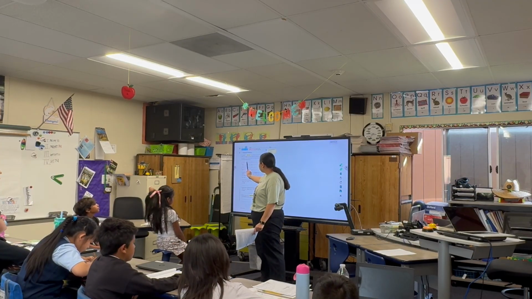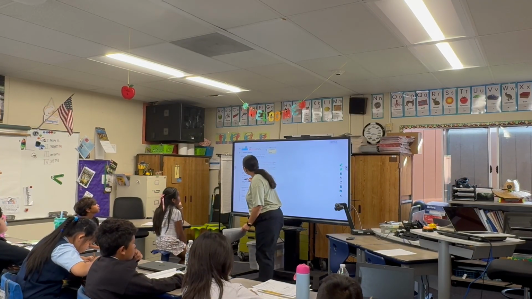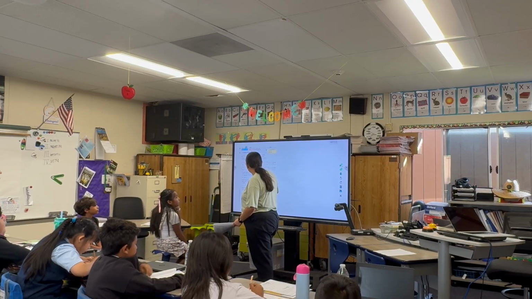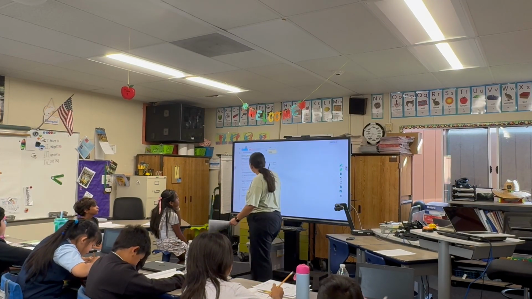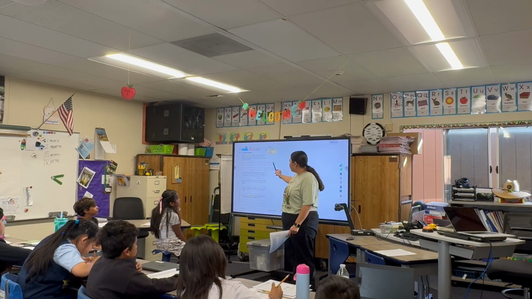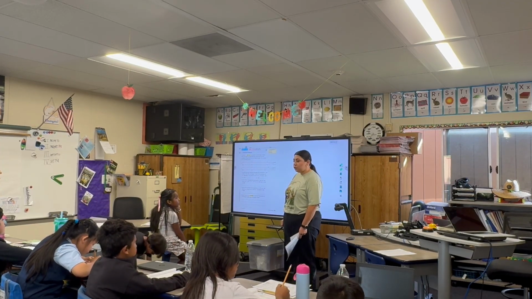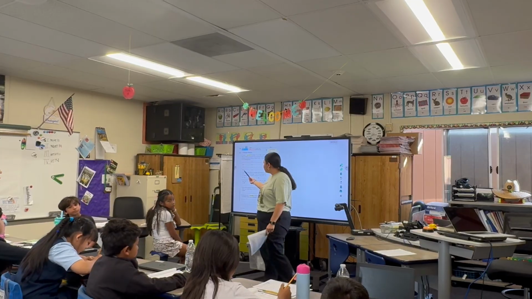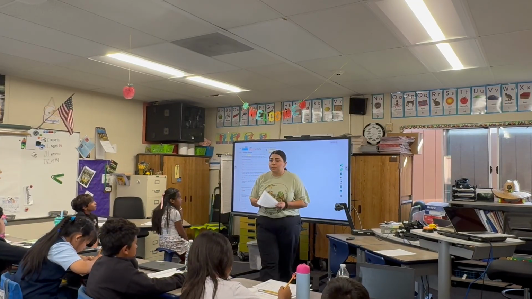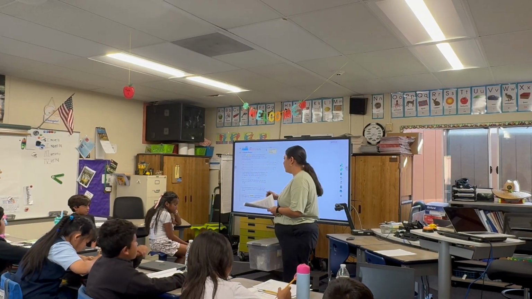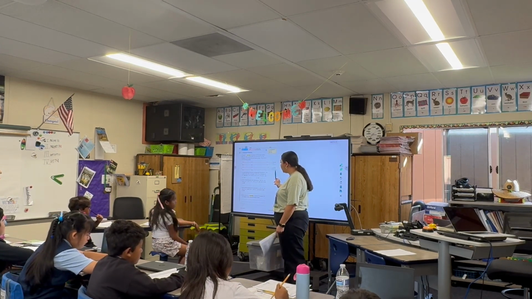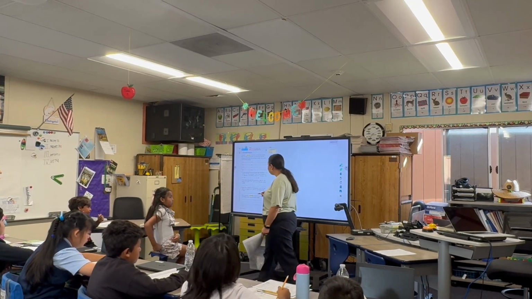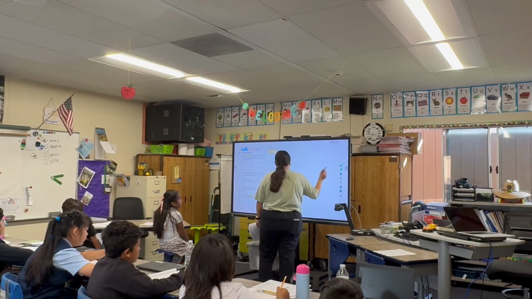So we would round it to 70, and here they do 4 times 70, which equals what? 280. What if we have 63? What would we round that to? 60, right? And then here we have 4 times 60 equals what? So we would write those in right here, okay?